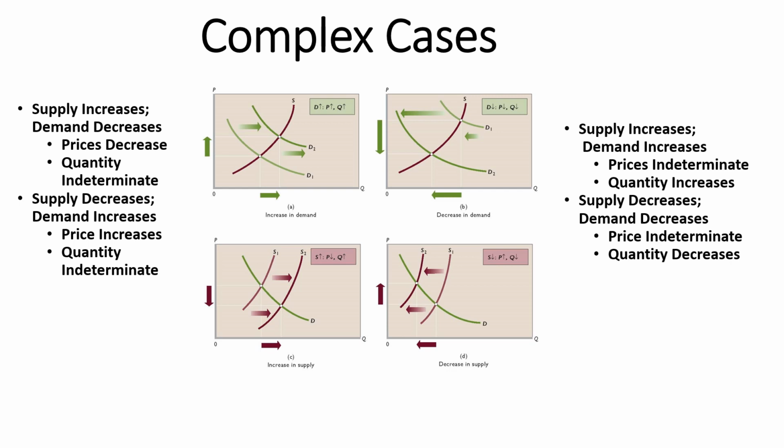It's that simple, boys. So we look at the graphs again and we say, okay, the increase in demand, graph A, definitely caused price to go up, quantity to go up. The decrease in supply, graph D, definitely caused price to go up, but quantity to decrease. So price definitely went up. Quantity is what we call indeterminate.